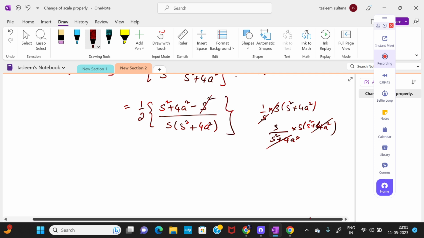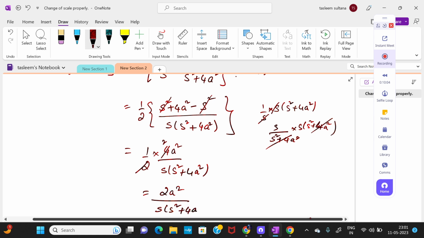So your s square will get cancelled. It is equal to 1 by 2 into 4a square divided by s of s square plus 4a square. Then 2 ones are 2, twos are 2. It is equal to 2a square divided by s of s square plus 4a square, which is your required solution.